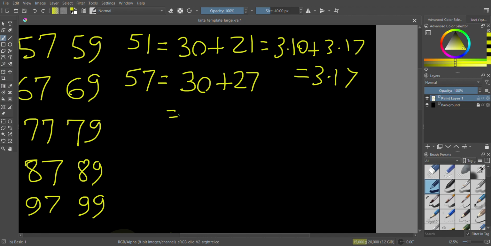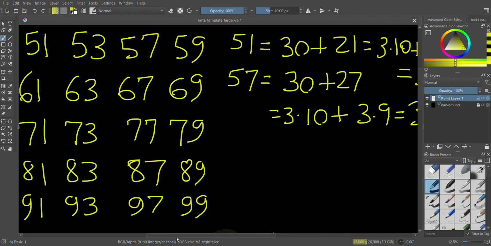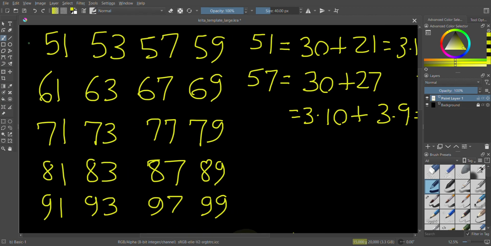And 57 is 3 times 10 plus 3 times 9, which equals 3 times 19. All right, so we took care of that right there, 51, 57, not prime. But 53 and 59 are prime.